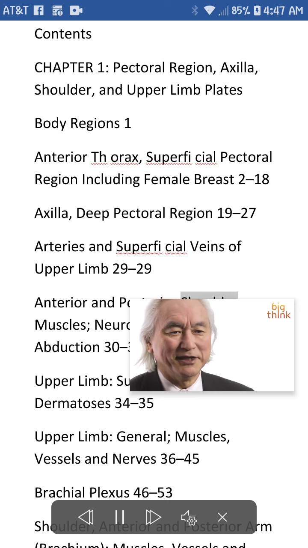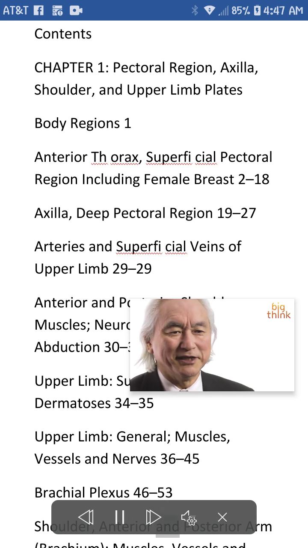Anterior and posterior shoulder, muscles, neurovascular structures, abduction 30 to 33. Upper limb, surface anatomy and dermatosis 34 to 35. Upper limb, general, muscles, vessels and nerves 36 to 45. Brachial plexus 46 to 53.